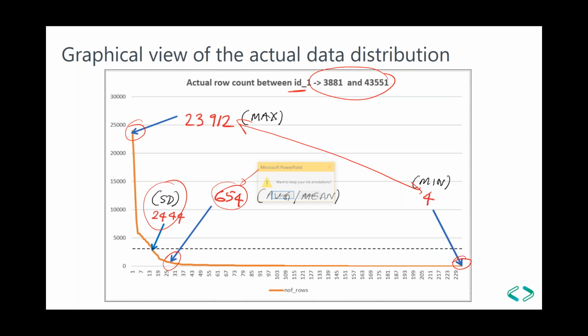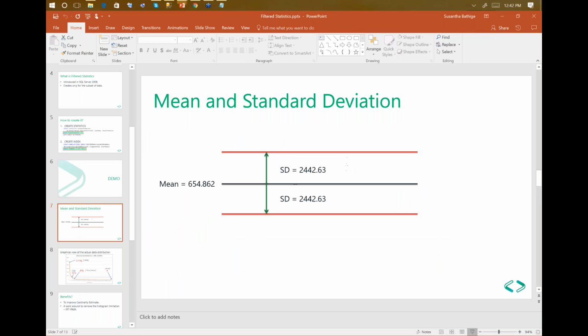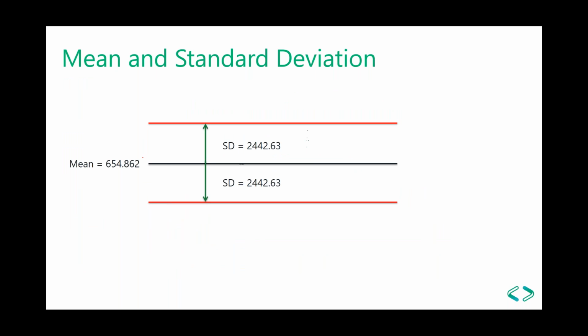For example, let's say your mean is right here. This line represents the mean. When you calculate the standard deviation, it comes to 2442 in statistical terms, which means the maximum you can deviate from the mean is the standard deviation value.